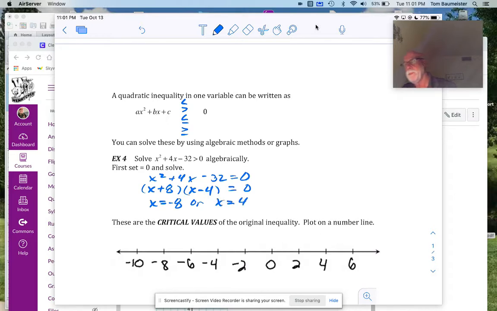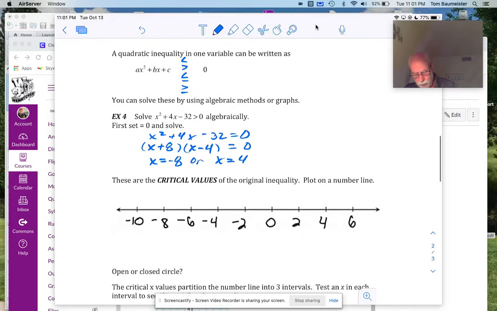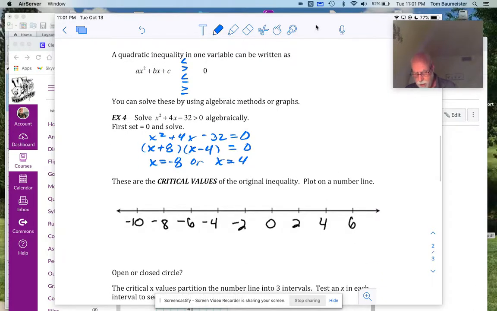All right. So now we are going to plot those on a number line. On the number line, we are going to take our negative 8, and we're going to take our 4. So I'm going to put one here, and I'm going to put one here. Now, are they going to be open or closed circles?